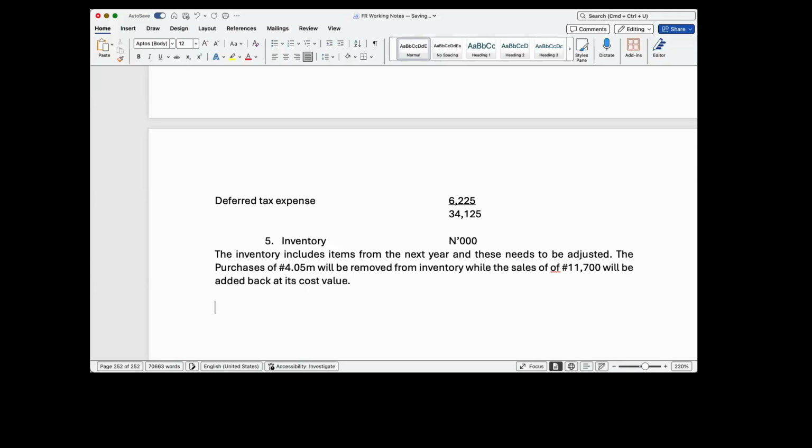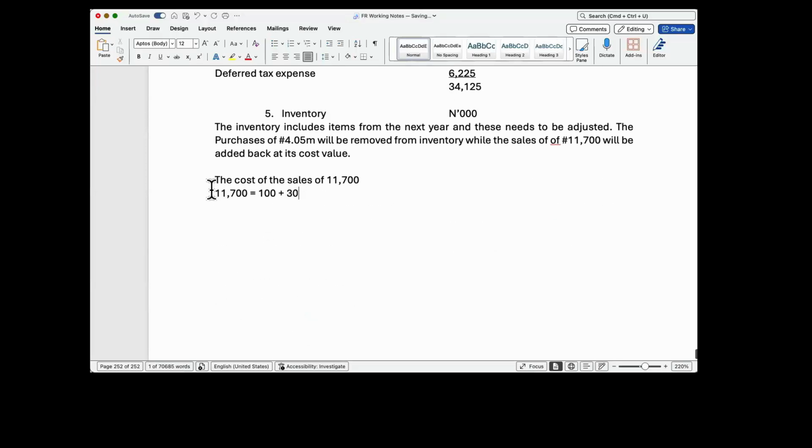So let me get the cost of the sales of 11,700. Since the markup is 30%, this 11,700 is like 100 plus 30. This 100 is the cost, and this 30 is the markup.